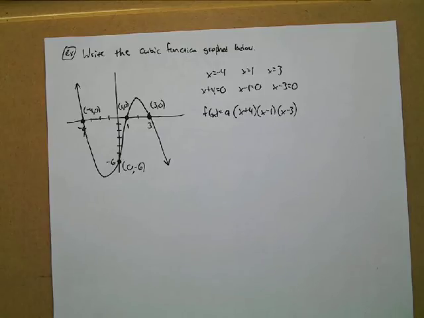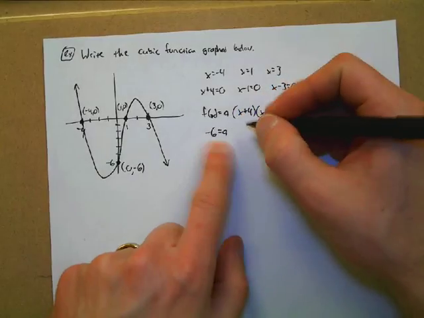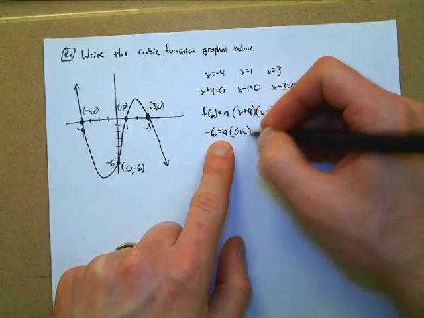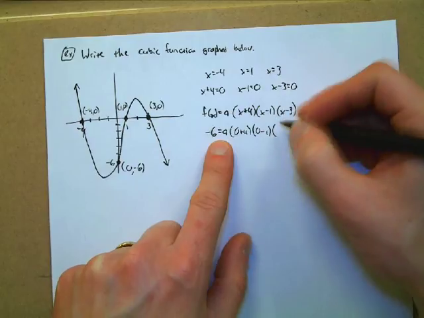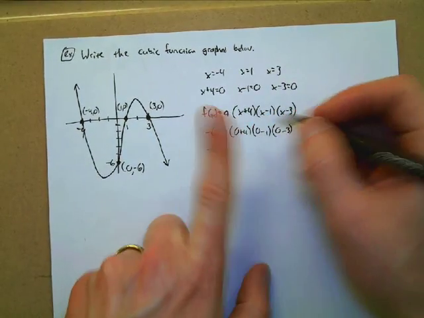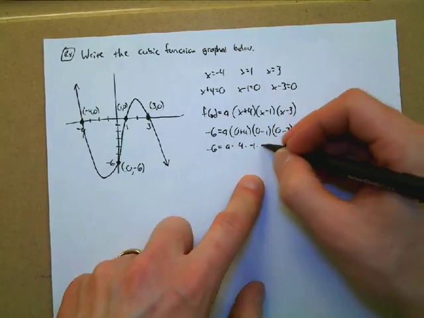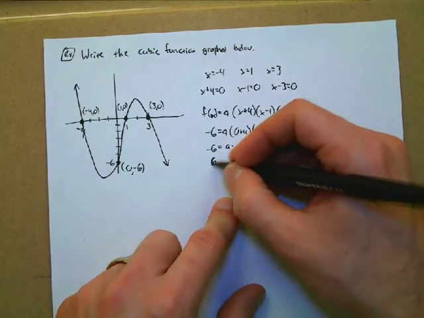So that's going to be 4 times -1 times -3. So let's see, that's going to be positive 12. And then finish solving. What do we do? A times 12 equals -6, divided by 12. So a is negative 1/2.